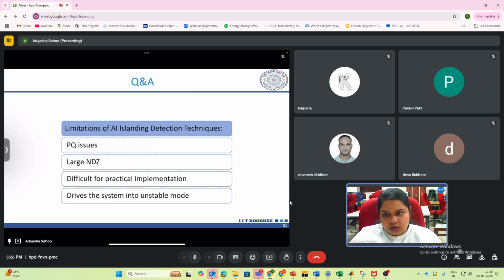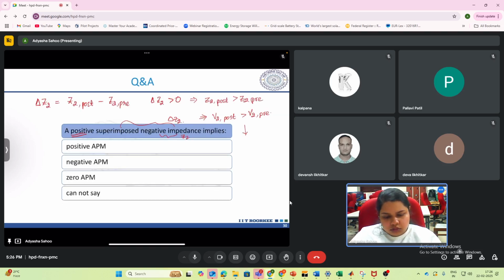So post fault voltage is greater, which means it is over voltage, right? Now, if there is an over voltage, which one is greater, generation or demand? There will be more generation, right?